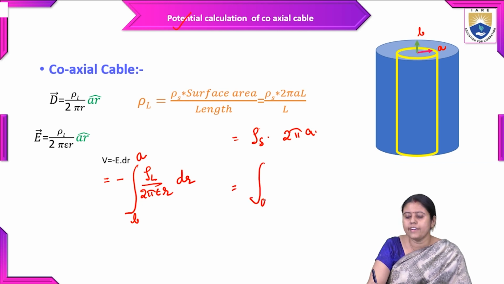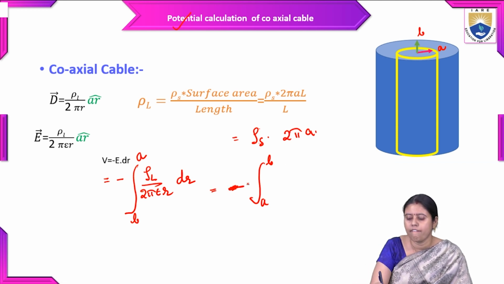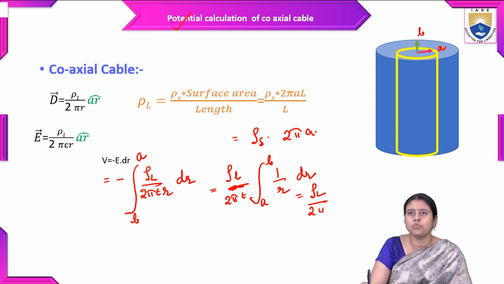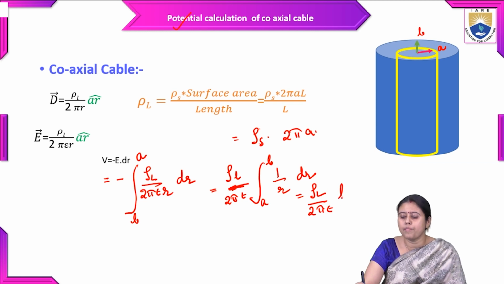Or we can write it A to B. Rho L is constant, so rho L by 2 pi epsilon times the integral of 1 by R dr. What is the meaning of the integral of 1 by R?